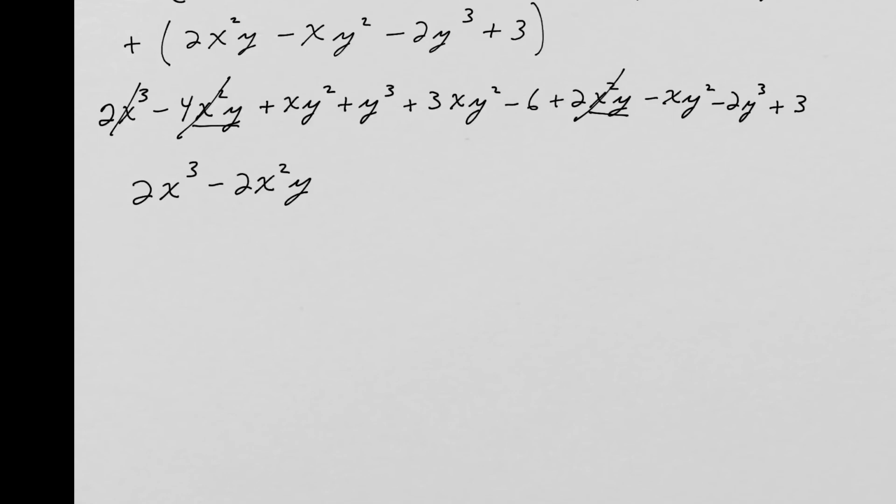Then I'm going to go with the xy squared, the next term. So this is a 1, right? A 1 xy squared. I have a 3xy squared. And then it looks like a minus 1 xy squared. So what's 1 plus 3 minus 1? That's going to be 3, right? So this is going to be 3xy squared. Then it looks like y cubed is next.